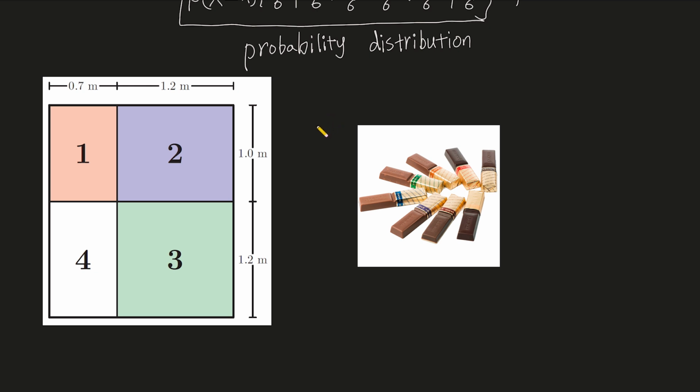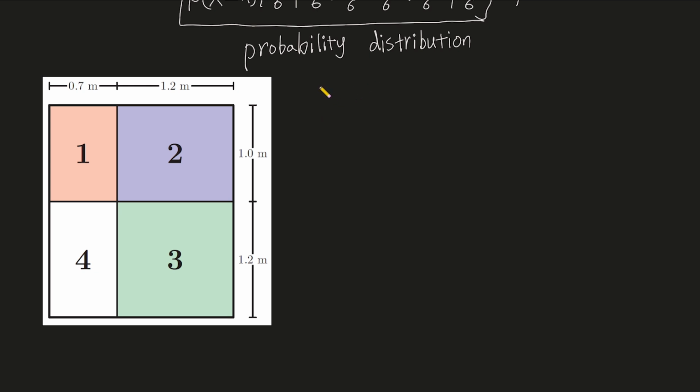So this example requires us to get the probability distribution. Now let's solve this question. We use the small x to represent the possible values of this random variable. So the possible values are 1, 2, 3, 4. You can only win 1 chocolate or 2 chocolates or 3 chocolates or 4 chocolates. So the possible values of x are 1, 2, 3, 4.